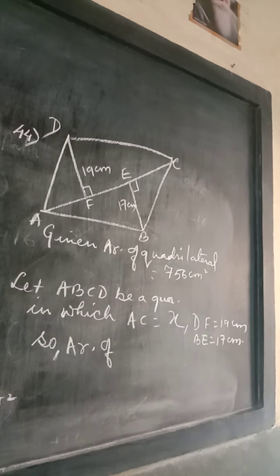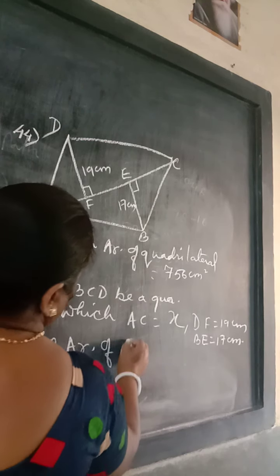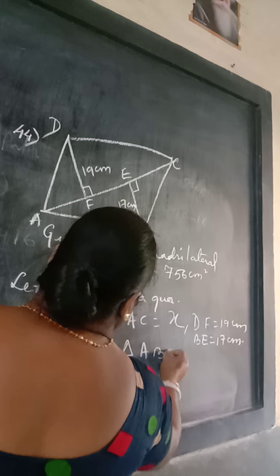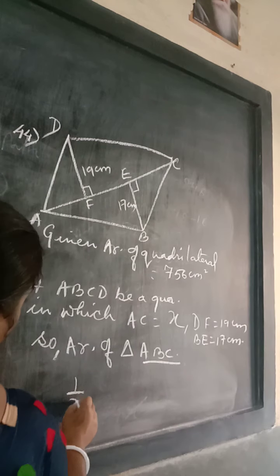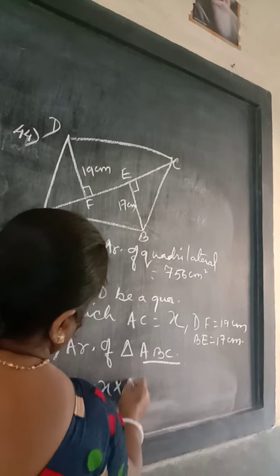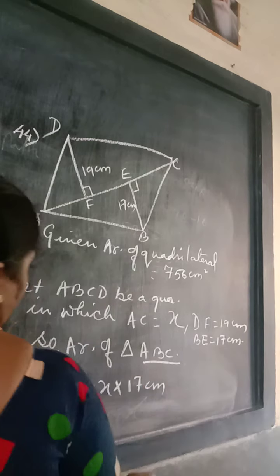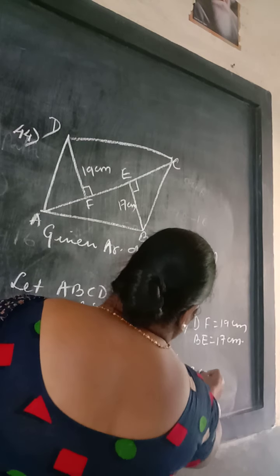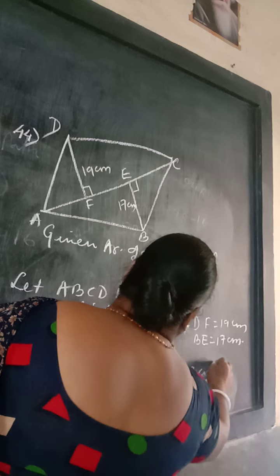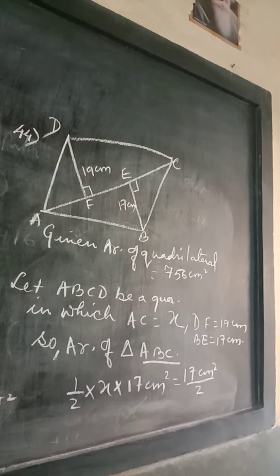So, area of triangle ABC would be half into x into 17 centimeters, or it gives you 17x by 2 centimeters square. We got the area of ABC. Similarly, we will get the area of ADC.